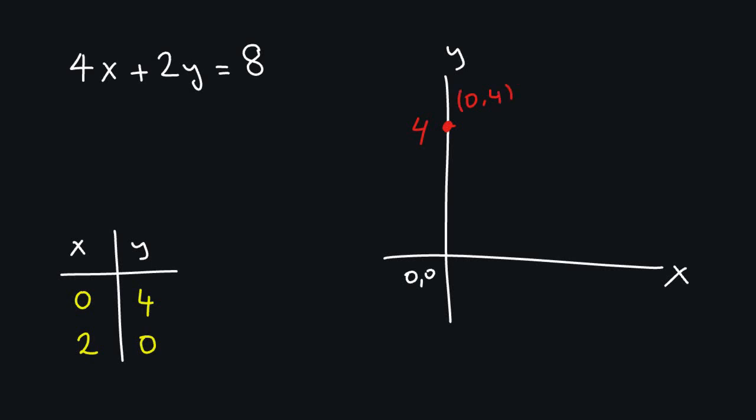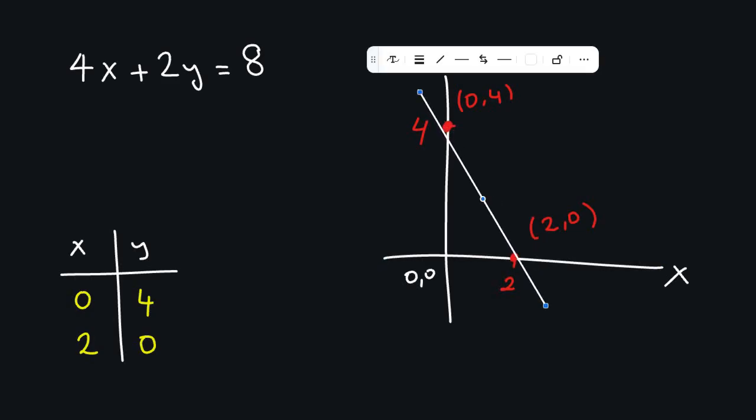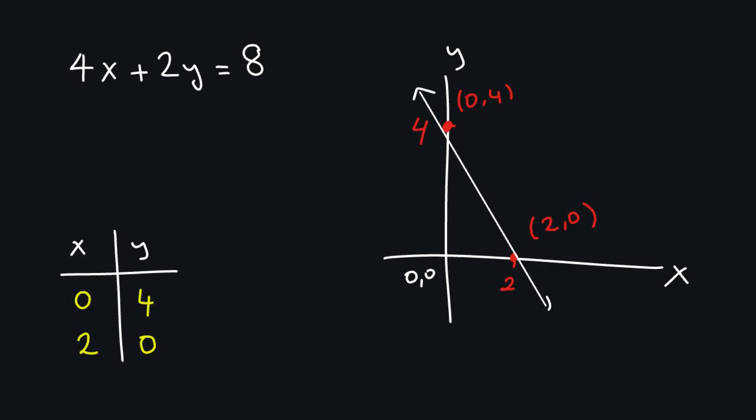And my second point is when x is 2, y is 0. Since y is 0, the point will be on the x-axis. So let's say this is 2, and that's also the point that I need. So x is 2, y is 0. So what I will do, just connect the marked points, and that's all. Now I have the graph of 4x plus 2y equals 8 equation.